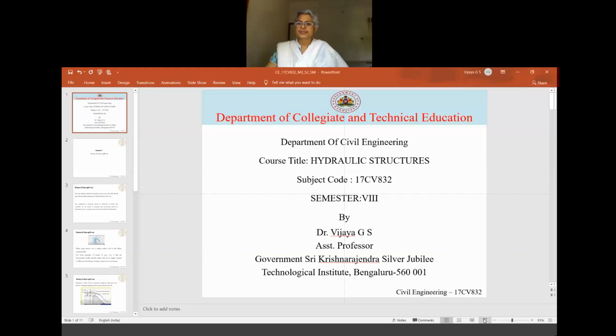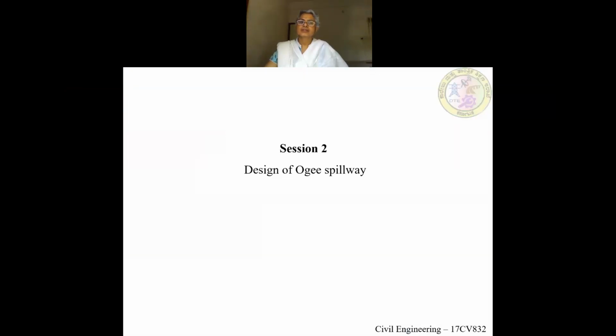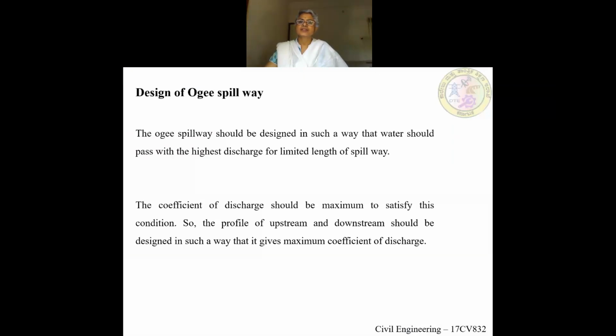So let us discuss how an Ogee spillway can be designed. You have the design of the Ogee spillway in this session. If you take the spillway, it will have some limited length.